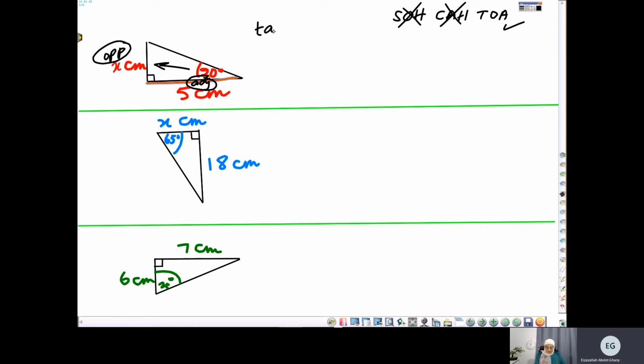So we'll write that tan 20 is opposite over adjacent. Tan 20, let's substitute, equals the opposite, which is x, over the adjacent, which is 5.